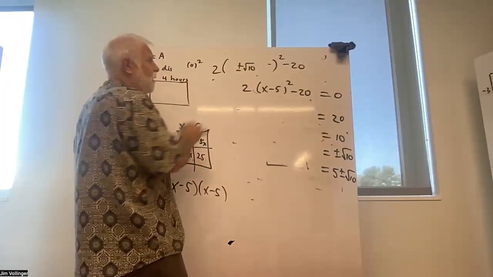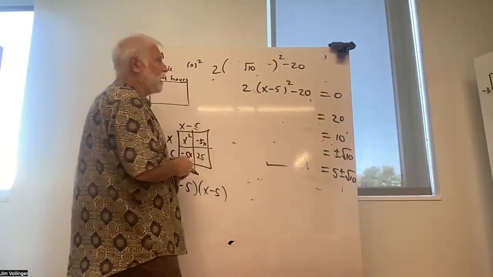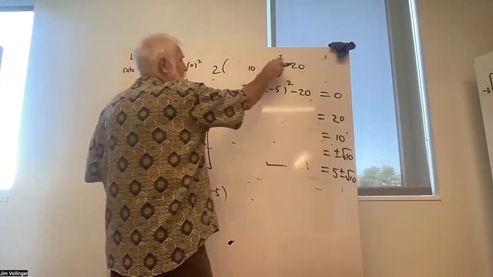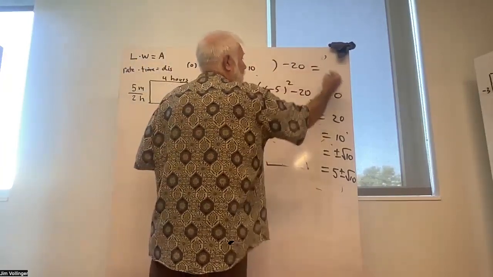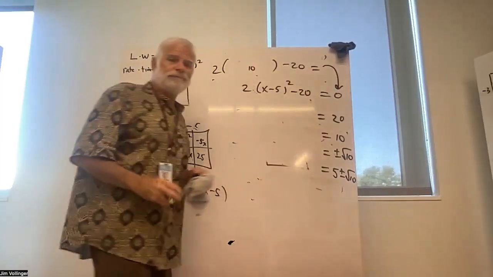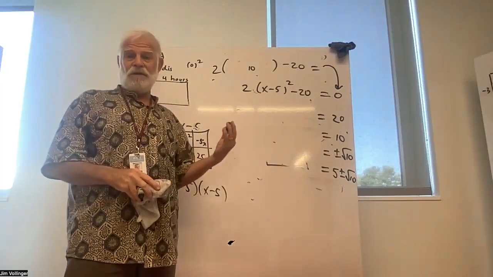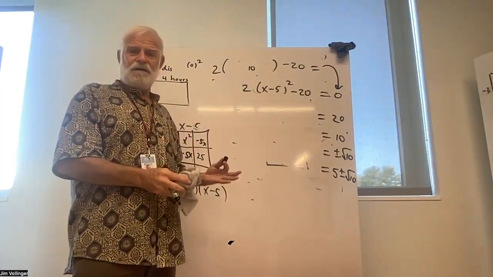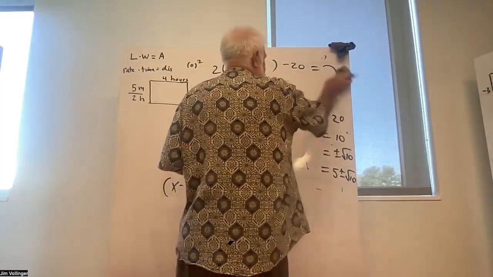Negative times negative is positive. Sure looks to me like when I square the square root of 10, it's an inverse operation. And it looks to me like I got 20 minus 20. You know what? I think it equals 0. First stage of learning is following. If you didn't follow it, back up the video, play it again. Play it again, Sam.